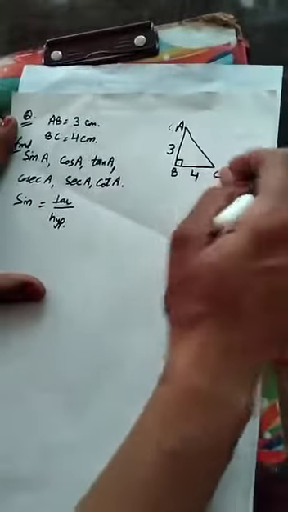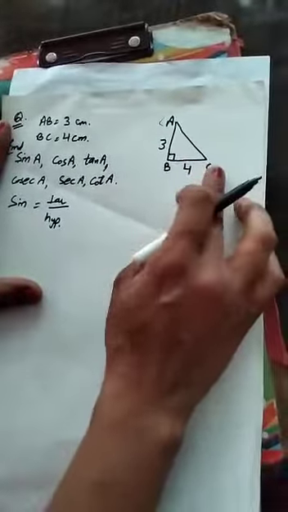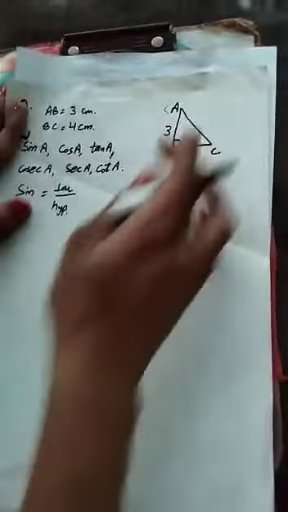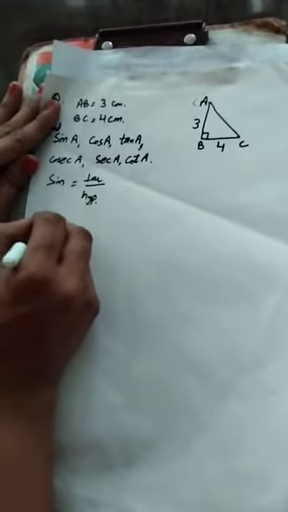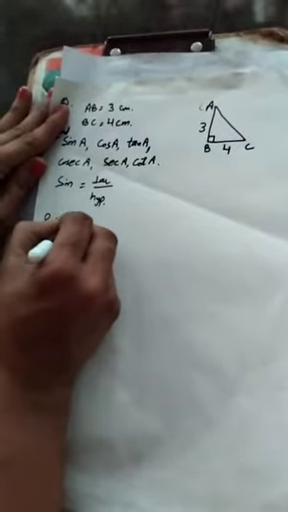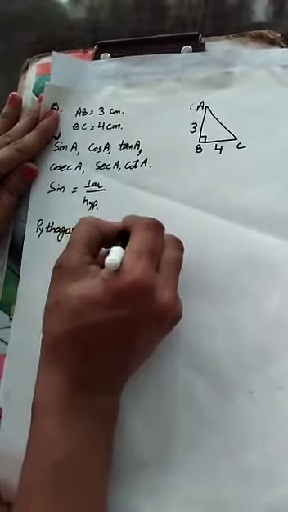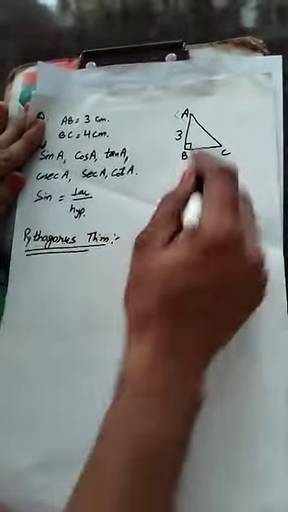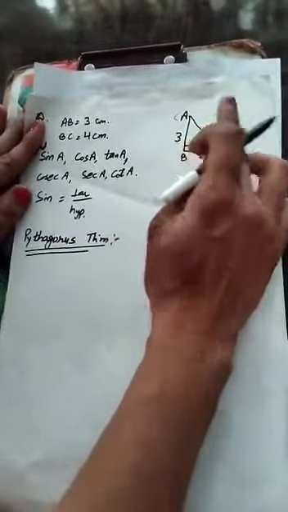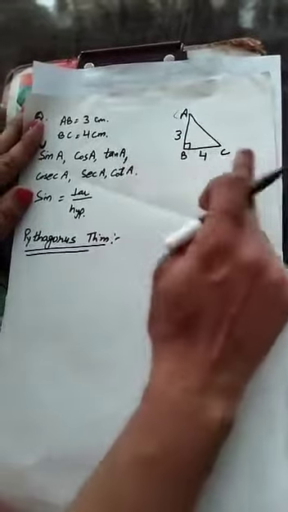We have already done the Pythagoras theorem in previous classes. What was Pythagoras theorem? Square of hypotenuse is equal to square of base plus square of perpendicular.